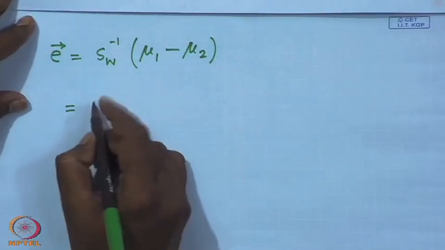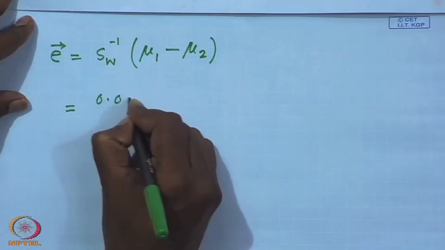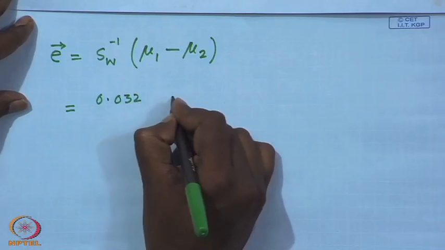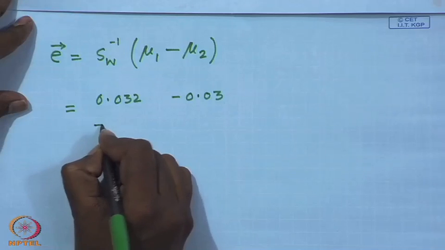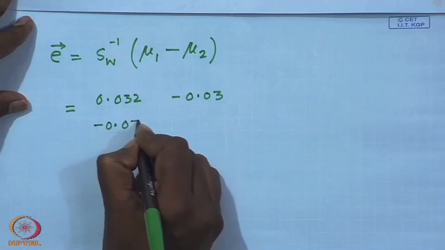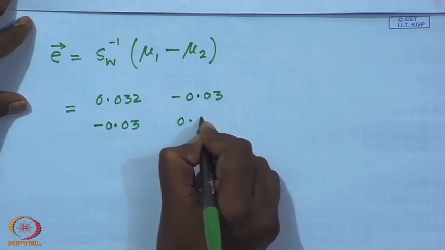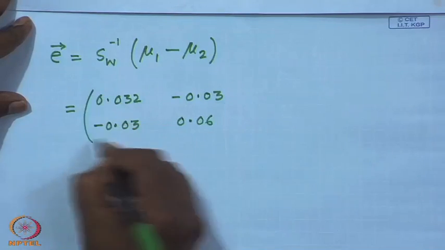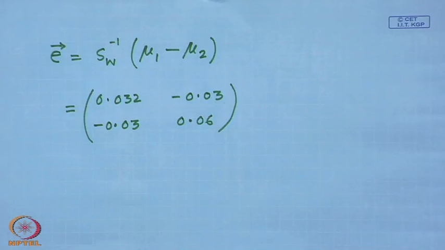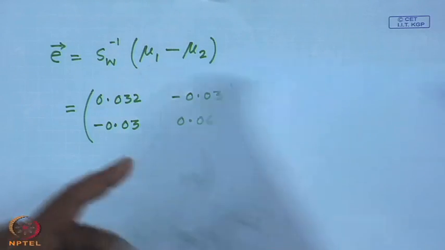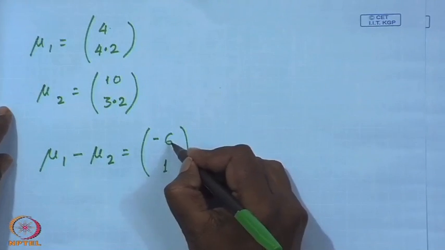So it is 0.032, minus 0.03, minus 0.03, 0.06, into mu 1 minus mu 2, which is nothing but minus 6, 1.